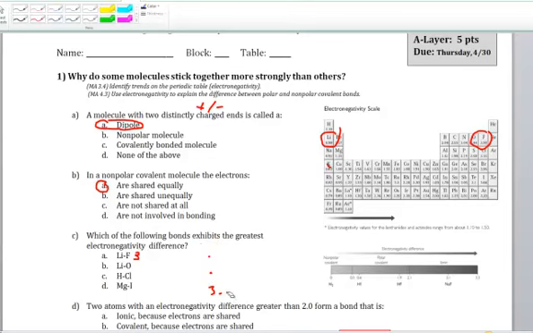Alright, and look at some of the other ones. That one might be the highest, because those are pretty big differences. Let's try just one more. Let's do LiO. So lithium and oxygen.